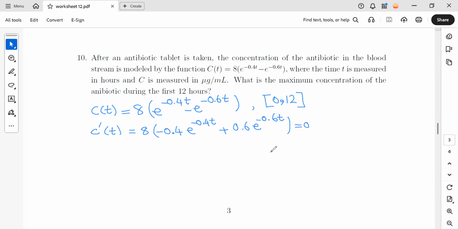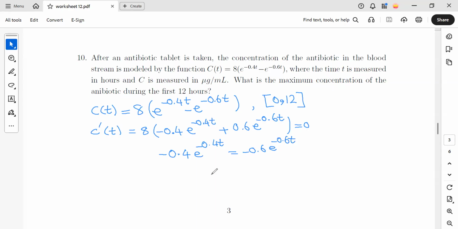We want this to be 0. We know that 8 never goes 0, so you would rewrite it as -0.4 e to the power -0.4t would be equal to -0.6 e to the -0.6t.